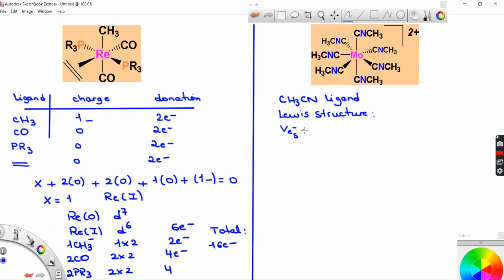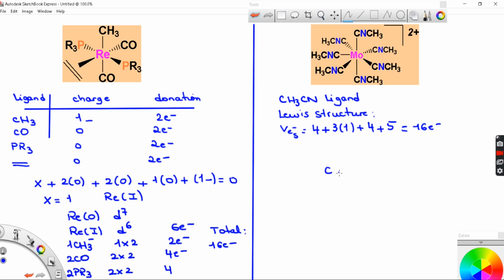Valence electrons, 4 for carbon, 3 times 1 for hydrogens, plus 4 for carbon, plus 5 for nitrogen. So 9, 3, 12, so we have 16 electrons.